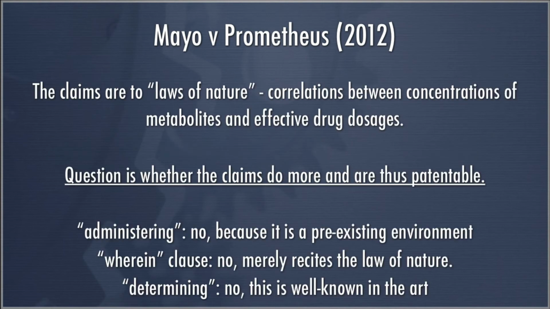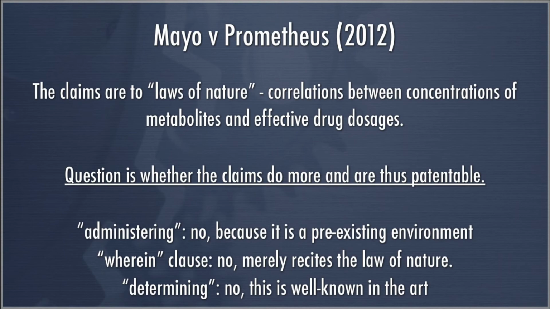The Supreme Court issues one of the most confusing and frankly disappointing opinions that it's done in a long time. What the court says is that the claims here are to laws of nature, correlations between concentrations of metabolites and effective drug dosages.